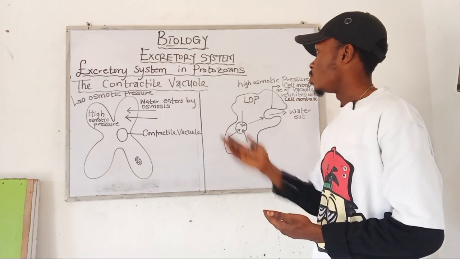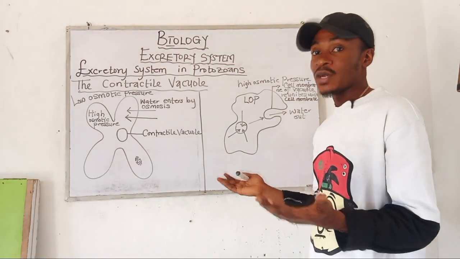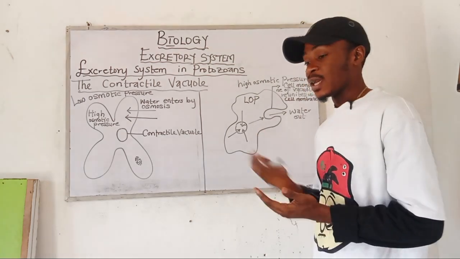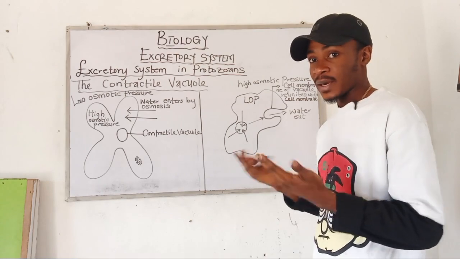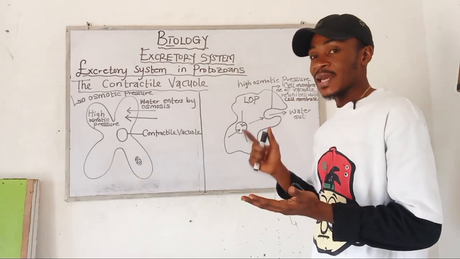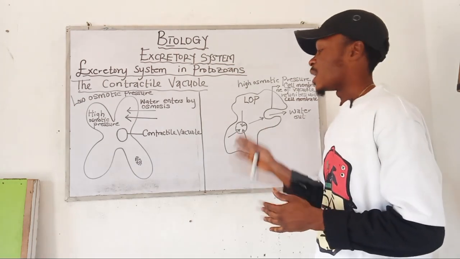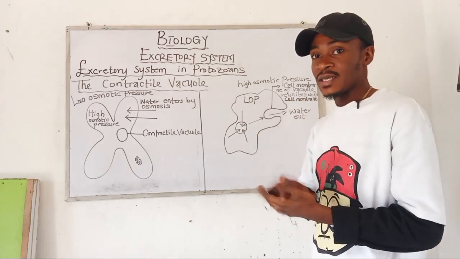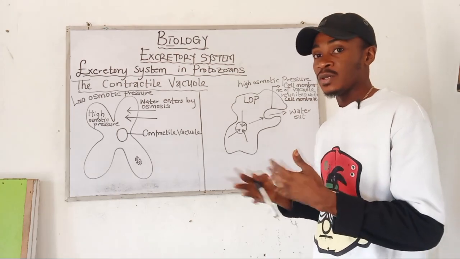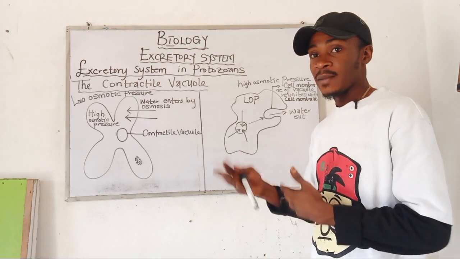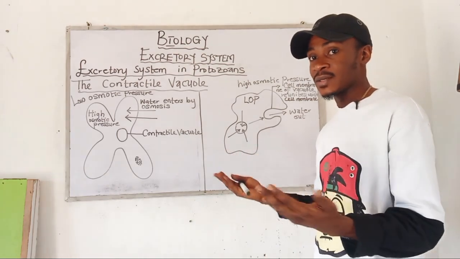Now, this is a summary of how the contractile vacuole aids in the expulsion of waste products in protozoans. Water isn't the only waste product in protozoans like the amoeba, paramecium or euglena. We also have waste products like ammonia. As the excess water is being expelled, the ammonia, which could be toxic to the amoeba cell, is also expelled alongside the water, since ammonia is quite soluble in water.